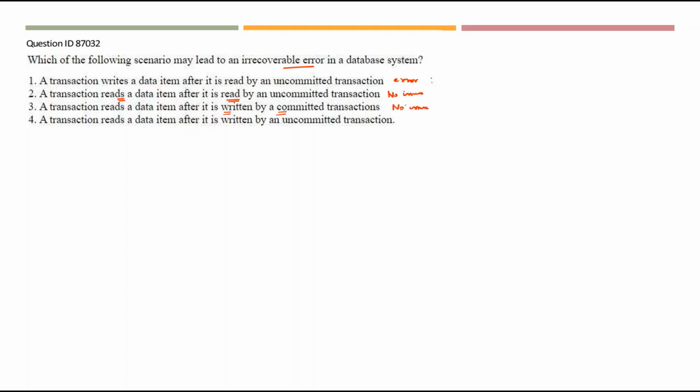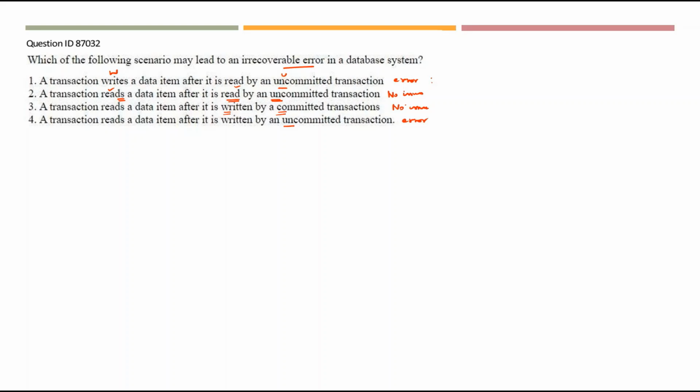A transaction reads a data item after it is written by an uncommitted transaction. Whenever uncommitted happens and a write is involved, it will end up with error. So in this case we have uncommitted, but both the operations are read. But here we have one write and one uncommitted.